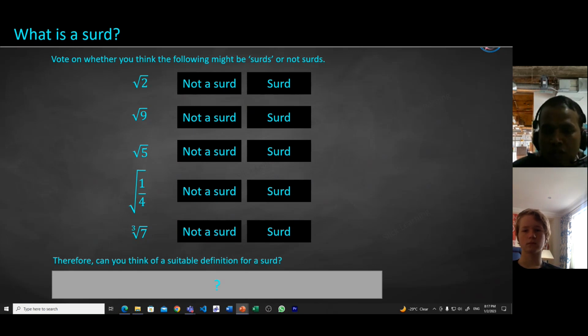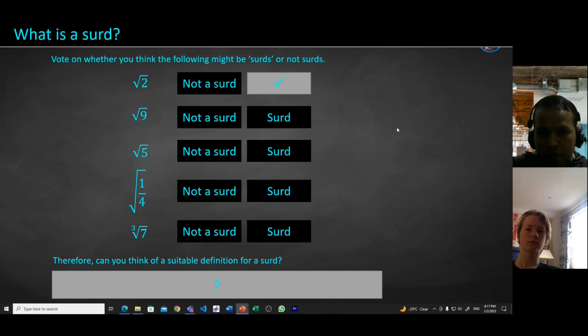You cannot write it in the form of integers or a perfect number. So simply, all irrational numbers are in the form of surd. Here you can recognize square root 2 is a surd because we cannot remove the square root, so it must be a surd.